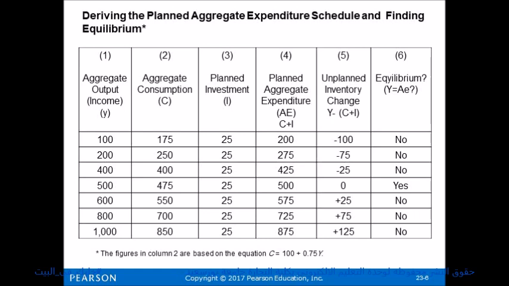Both 175 and 25 add up to 200. So we got the first number in column 4 this way.